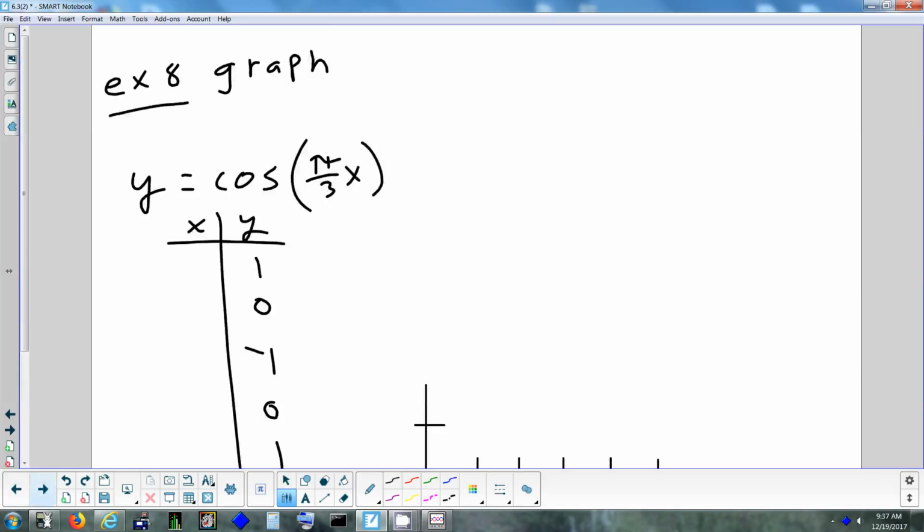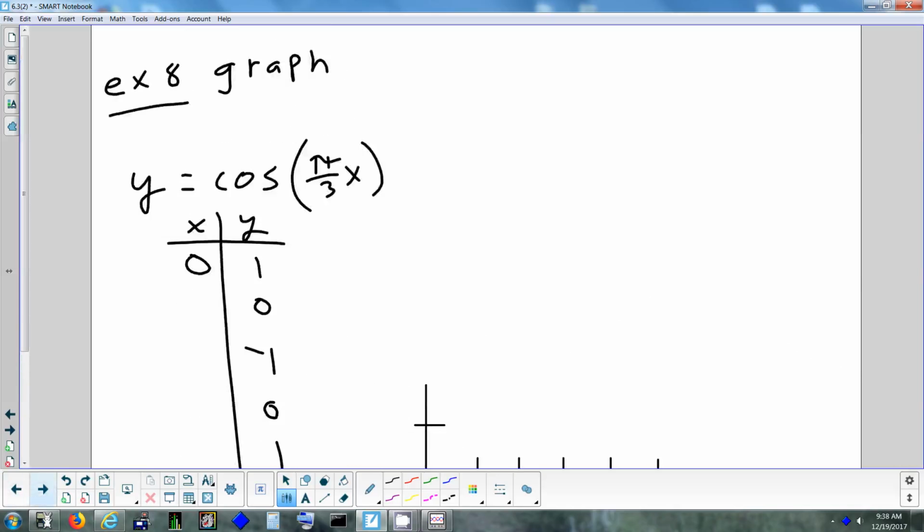X values. How am I going to get my new x values? Take the old x's and do what to them? Okay. We're going to multiply them by 3 over pi.